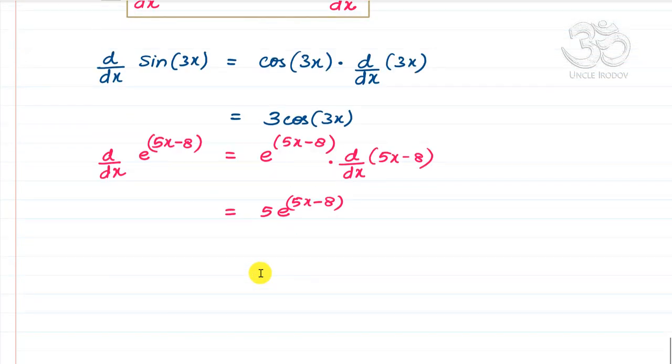But let me give you a slightly more complicated example. What if you have something like d by dx of ln of cos of 5 e power x minus 3. How will you do this?